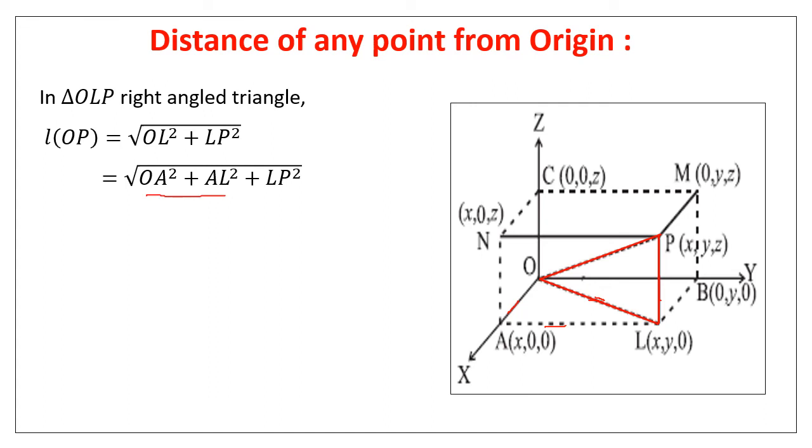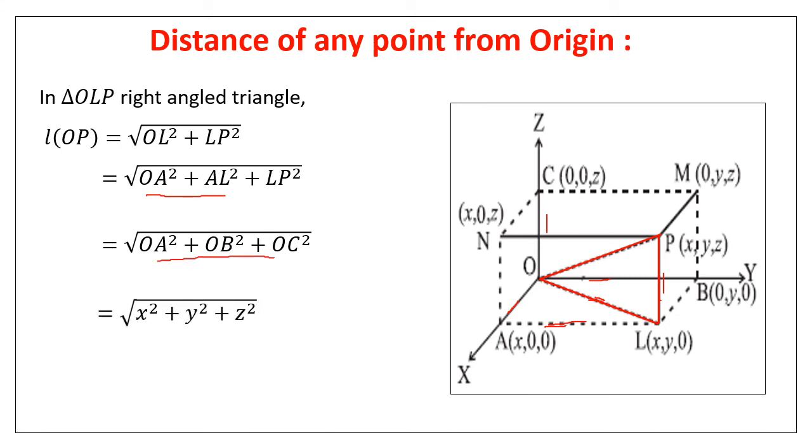Now see student, this AL is parallel to OB and LP is parallel to OC. So OP equals under root OA square plus OB square plus OC square, where OA is x, OB is y, and OC is z. So the length of OP equals under root x square plus y square plus z square.